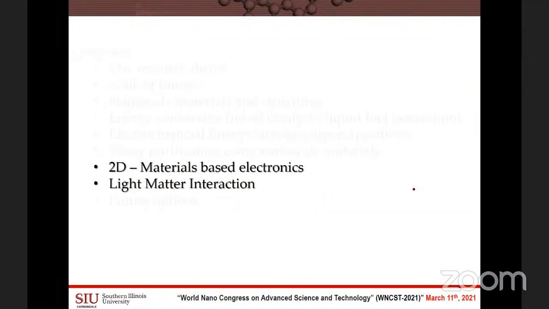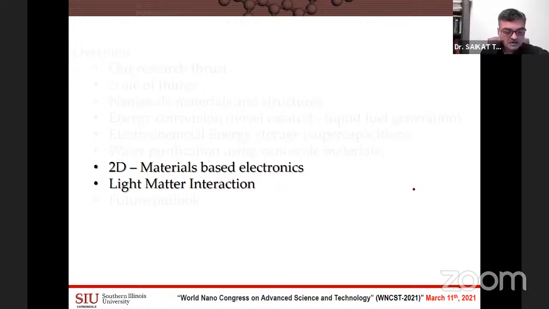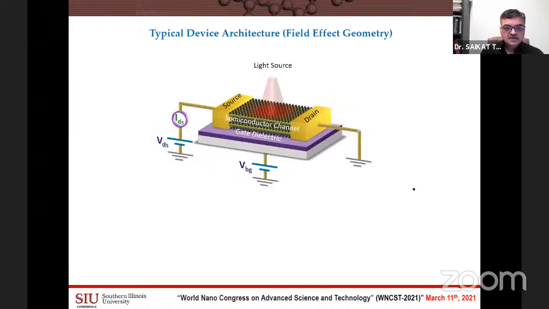Okay, so now the last few minutes I will spend. I have merged these two things because it's electronics, and some of the things are interconnected. So basically what I'm going to talk about is, a few years ago, we started looking at 2D materials based electronics, not graphene.